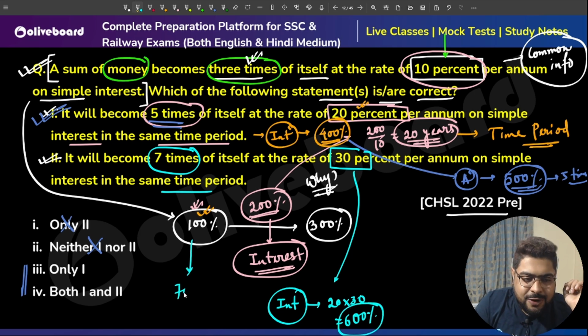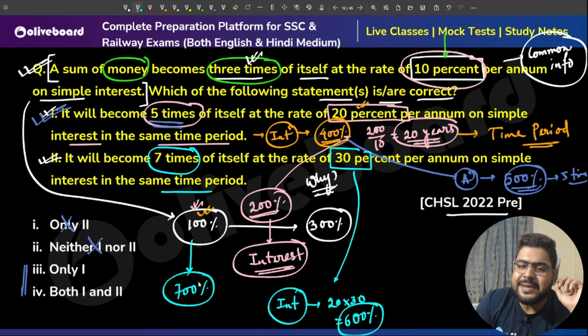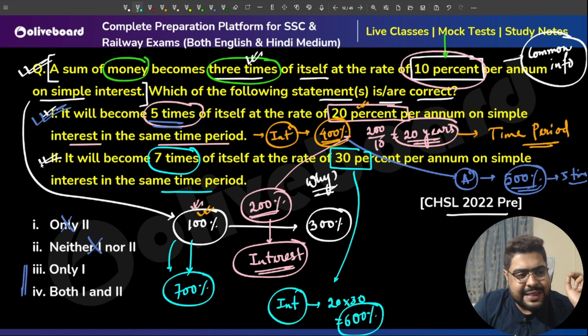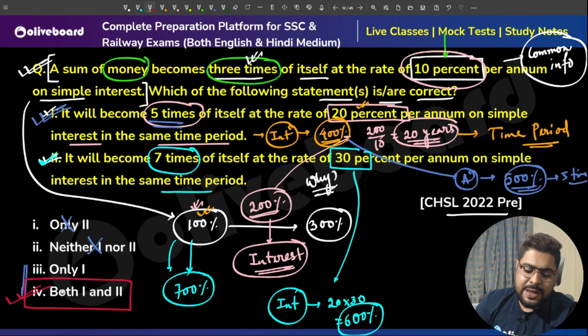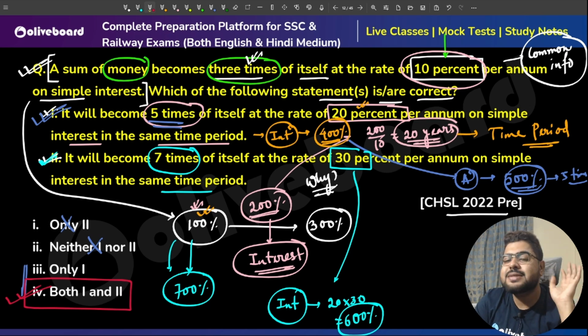So the amount will become 600 plus 100, 700%. So it is nothing but 7 times. So again, this particular statement is also correct. That gives us option 4 as our right answer, meaning both statement 1 as well as statement 2 are correct.